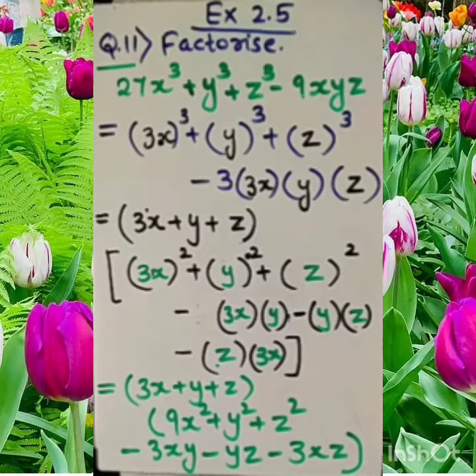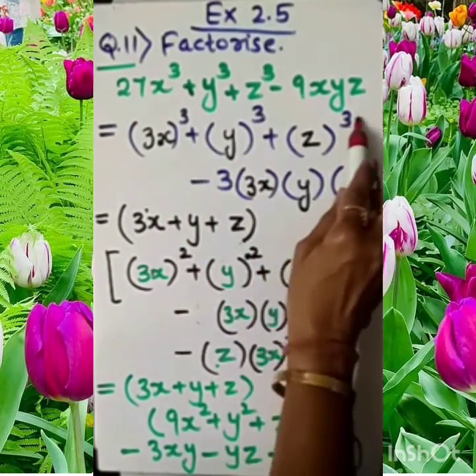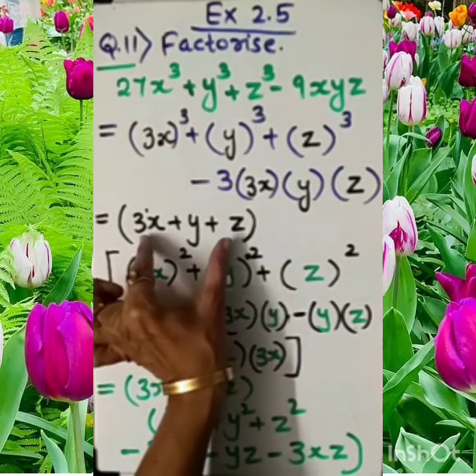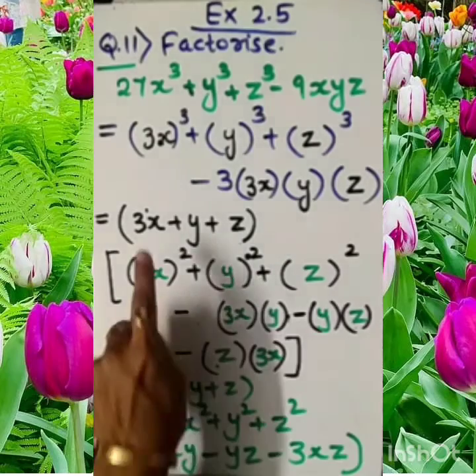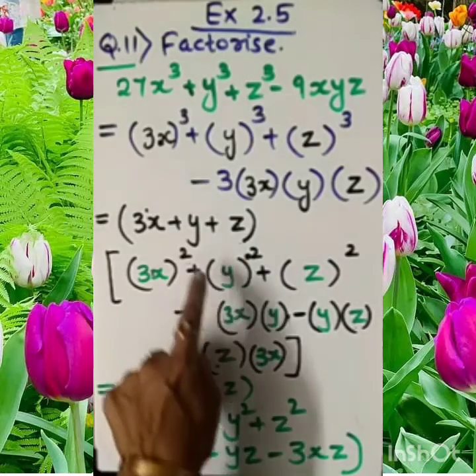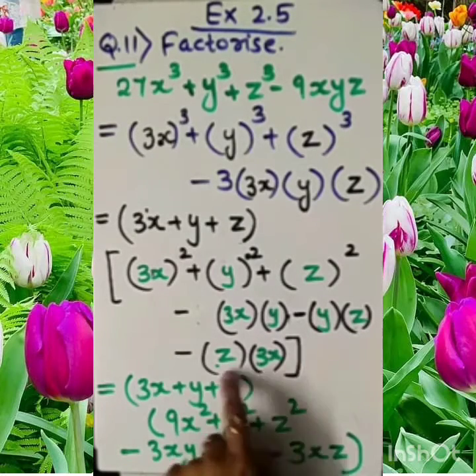Dear student, as we are doing this identity the first time, once again I am explaining to you. Look at your screen and see. a cube plus b cube plus c cube minus 3abc. If not, then as I told you, x cube plus y cube plus z cube minus 3xyz. This is the equation. Its factors are in first bracket a plus b plus c, and a square plus b square plus c square minus ab minus bc minus ca.